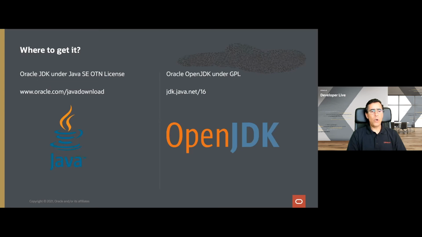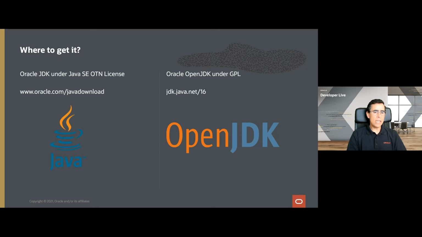Now, where should you find JDK 16? We offer JDK 16 under two different licenses. You can get a supported version of JDK 16 under the Java SE OTN license, which can be used for development, for personal use, and for Oracle customers, including Java SE subscribers and anyone running in the Oracle Cloud, by visiting oracle.com/java/download.